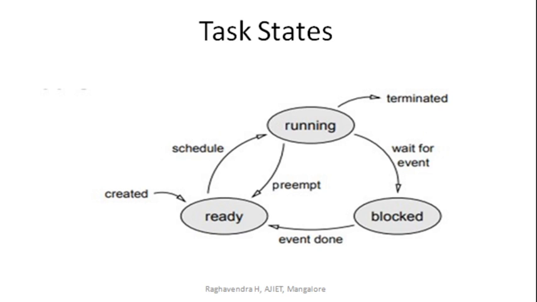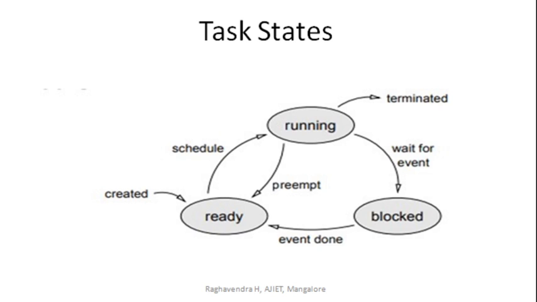First, the running state. Only one task can actually be using the processor at a given time. That task is said to be a running task, and its state is the running state. No other task can be in that same state at the same time.